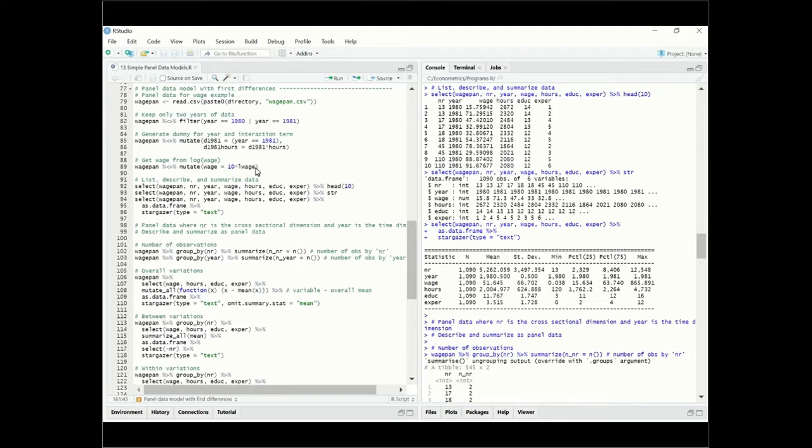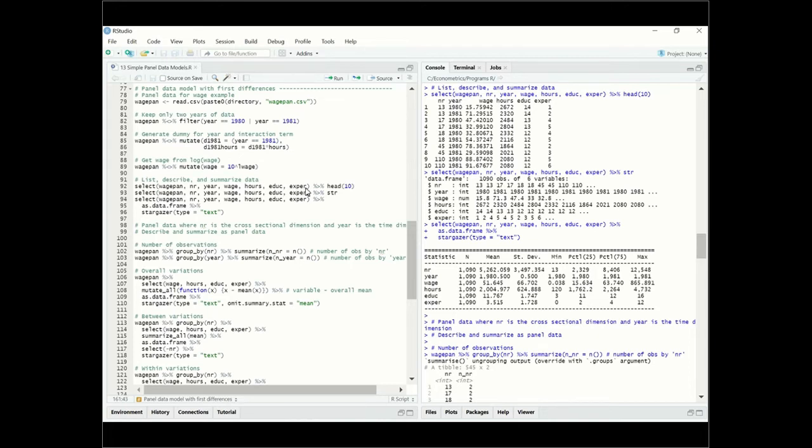So now let's go ahead and list, describe, and summarize the data. Here we would summarize the data using the variables NR, which is an indicator for the person; year, the time indicator; and then wage, which would be our dependent variable, total number of hours worked, number of years of education, and number of years of experience.